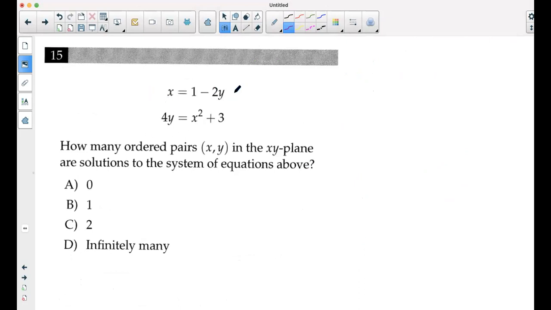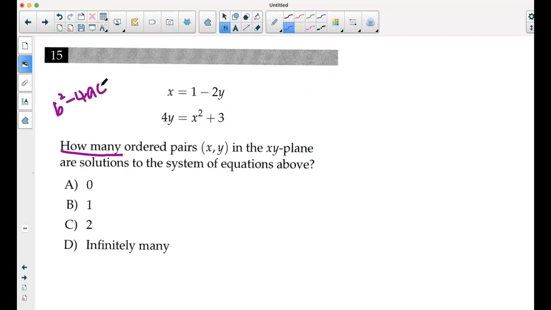So x equals such, and then y equals such. How many ordered pairs of the x and y plane have the solution? Okay, so in this case, they're not looking for what the ordered pairs are, but how many. As soon as they're talking about how many, what should you be thinking about?